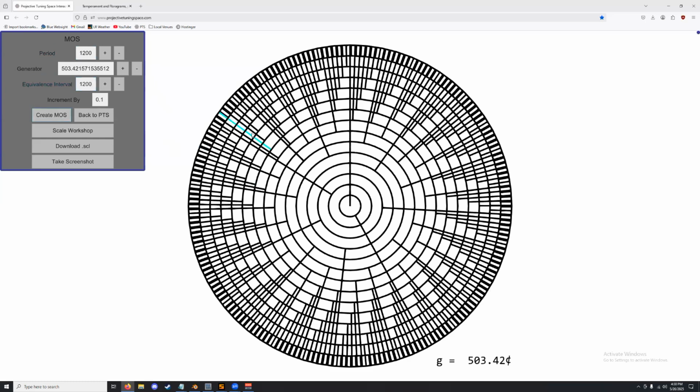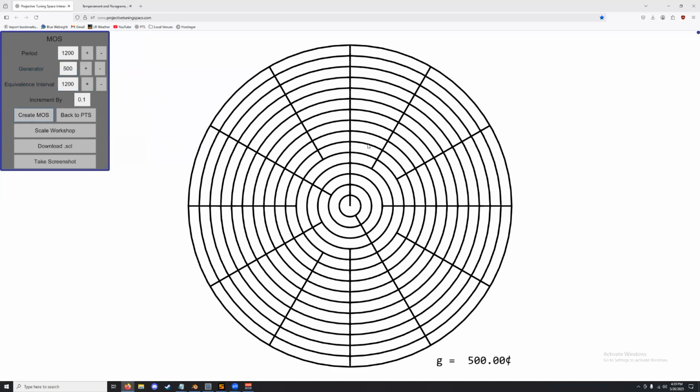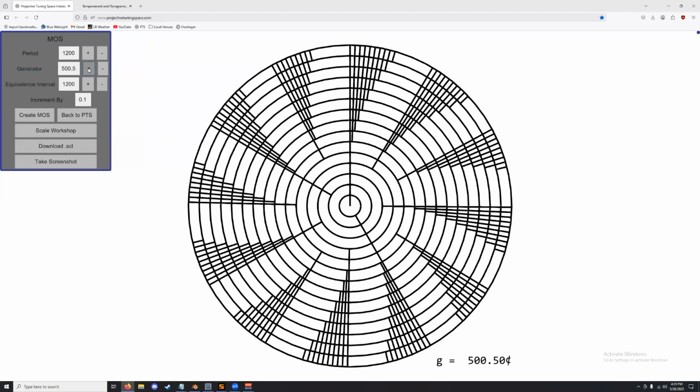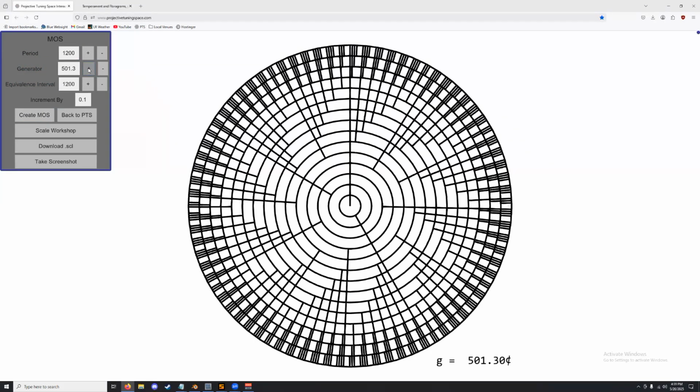All right. So at 500, it's much simpler. It all crashes back in on itself at 12 tet, so it just overlaps. Most of these are just overlapping, but if you change this a little bit, you can see the spectrum.